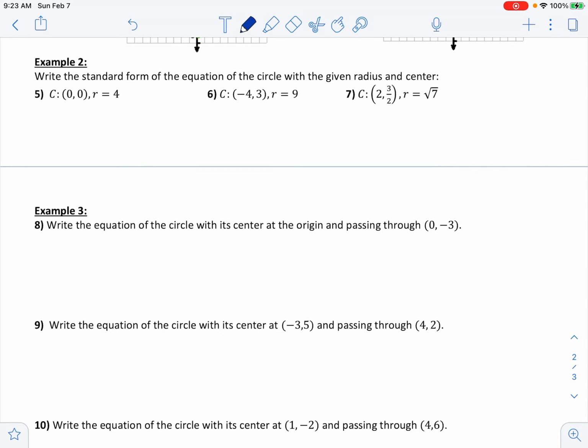Okay, next part. Write the standard form of the equation of a circle given the radius and center. So now I gave you h, k, and r, right? So we're going to do x minus h squared, which is 0 squared. So instead of writing that, I'm just going to write x squared plus y minus 0 squared, which is just y squared, equals 4 squared, which is 16.